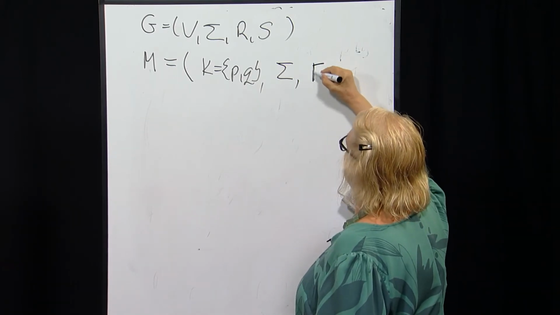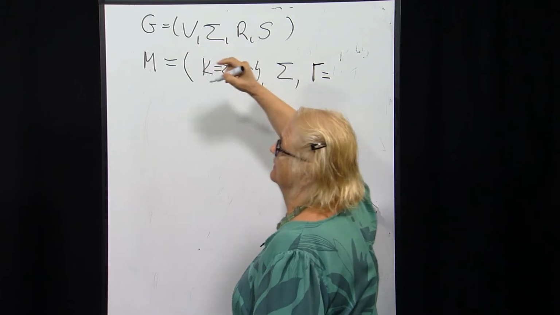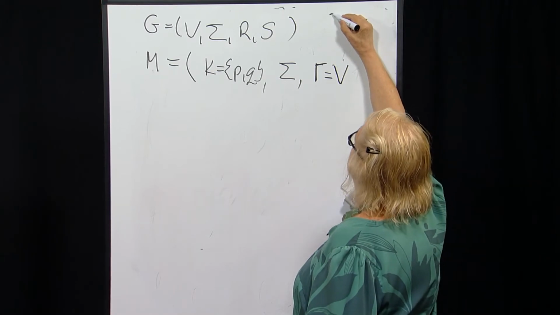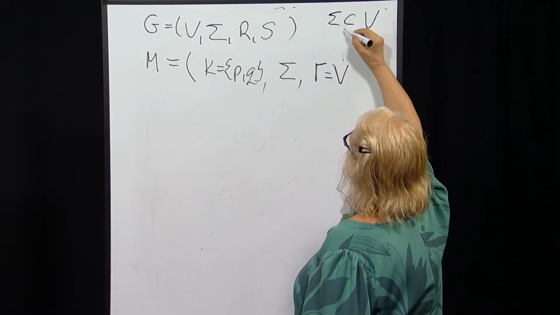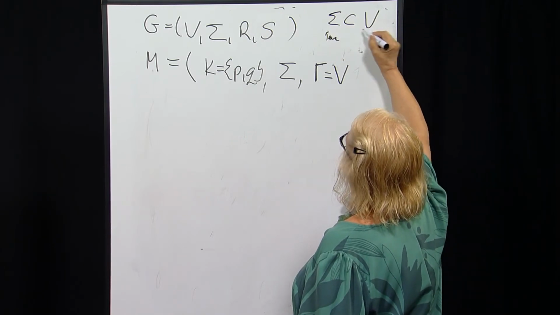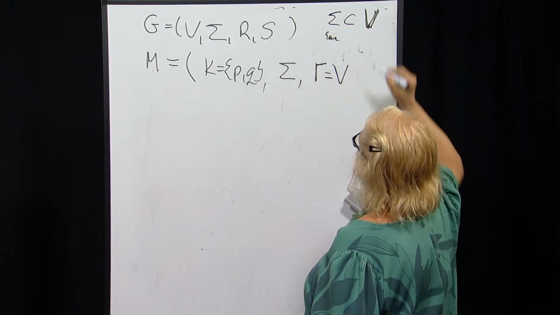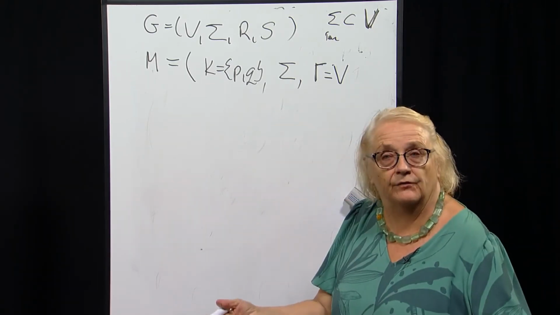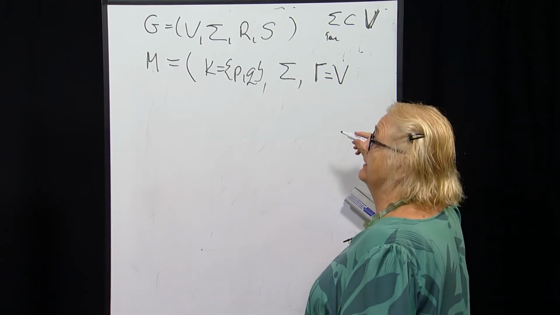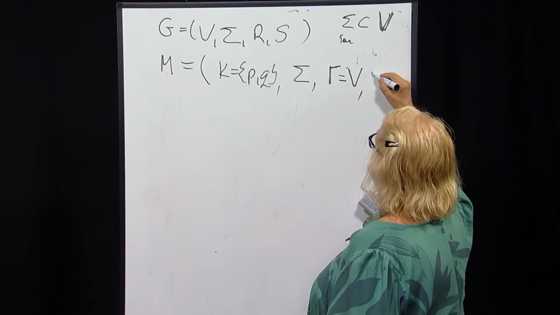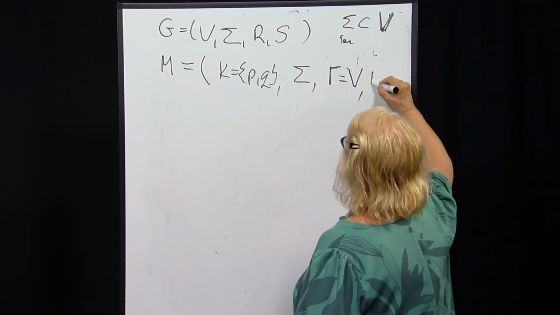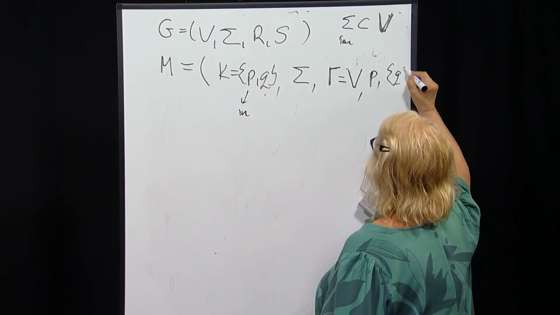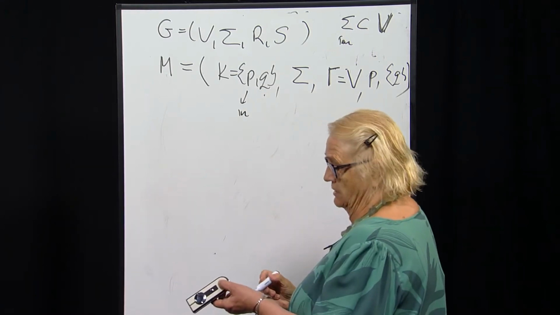The stack alphabet gamma is the set V. Remember, in the grammar, sigma was a subset of V. So these are terminals and there are non-terminals, that is more things in V. So here the stack alphabet contains sigma, if we want. And we have two states. This is the initial state, and the final state is only one.